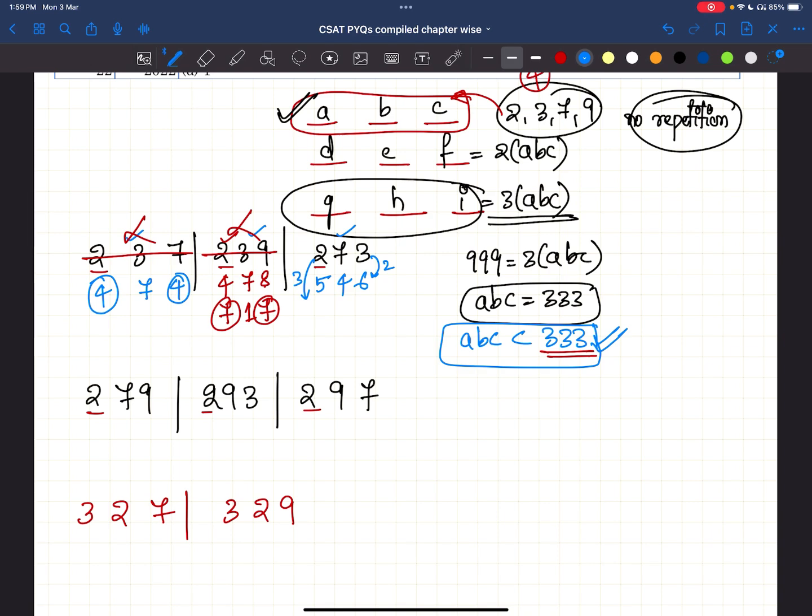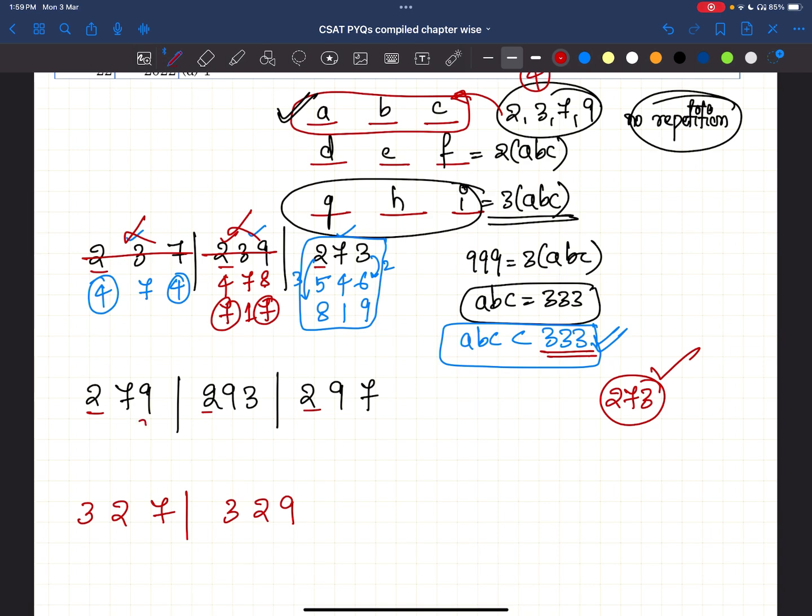What will we get? Right? See, nothing is repeating, right? So 273 is possible. Now let's go to 279.